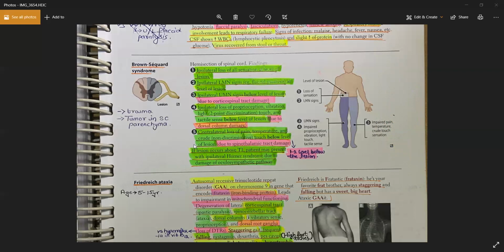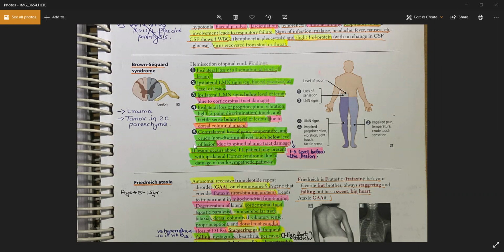Now, any doubt on the Brown-Séquard syndrome? I have one question. Since the sympathetic outflow is thoracolumbar, do the nerves arise above T1? If I'm considering sympathetic fibers, do they arise from the spinal cord even before T1? Sorry, I didn't understand you. You showed on the diagram that sympathetic fibers arise from the spinal cord even above the level of T1.